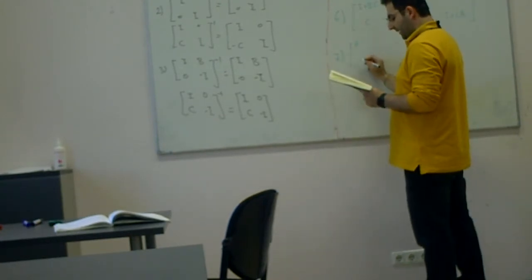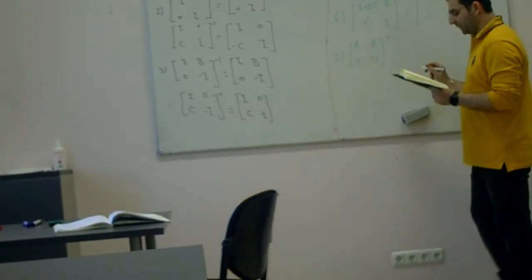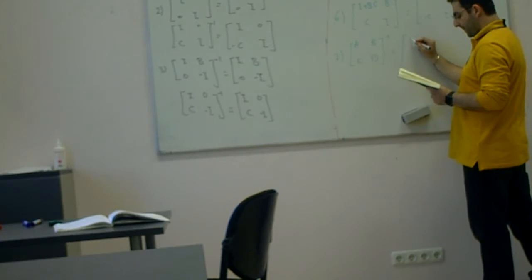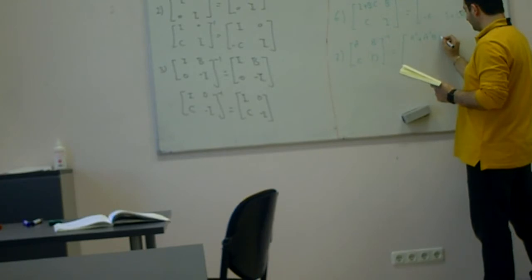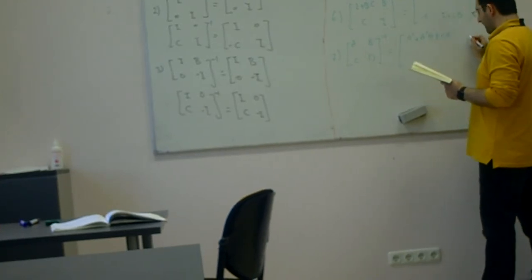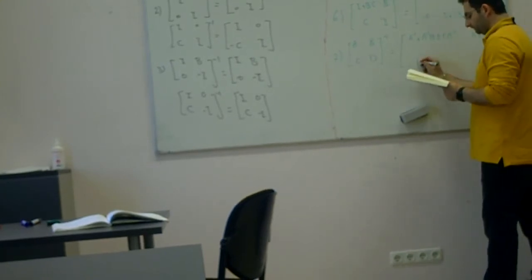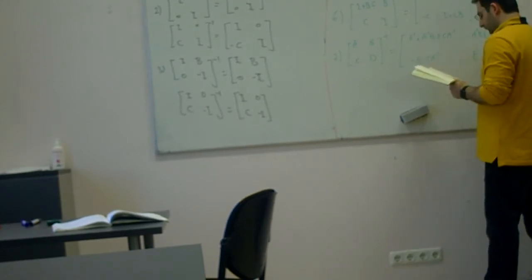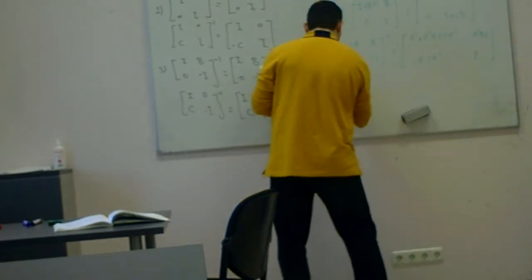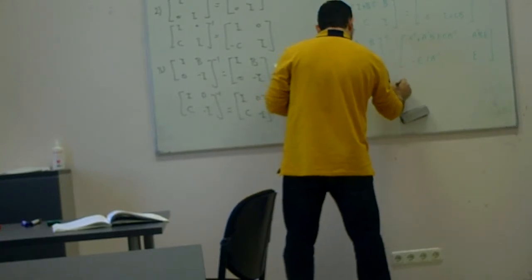If you have A, C, B, D, the full block inverse, that E is equal to, do you remember what was the name of this term?